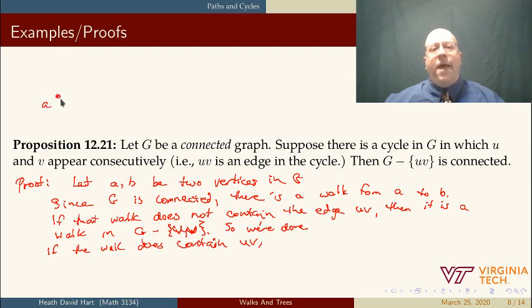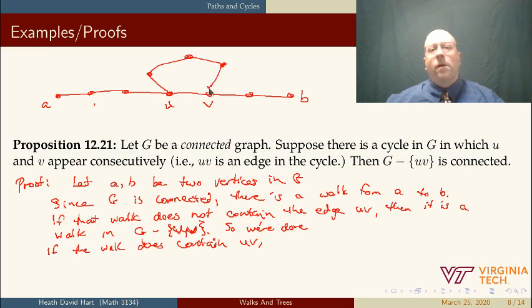I'm walking from A to B, and somewhere along the way, we hit the edge UV. If the walk does contain this edge, what we know is that these two vertices are part of a cycle. So I can replace this deleted edge with the rest of the cycle. I can go from A to U, and then around the cycle, and then over to B.